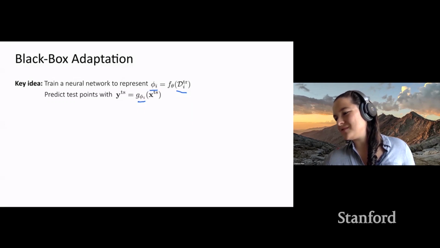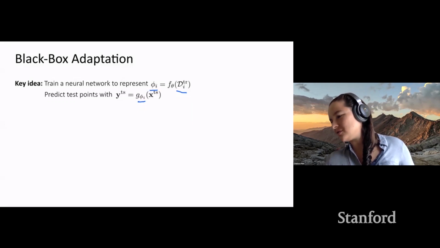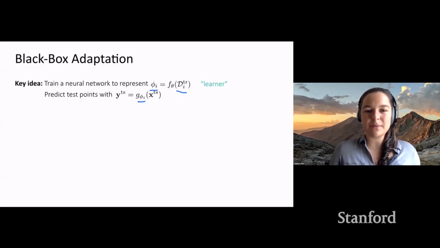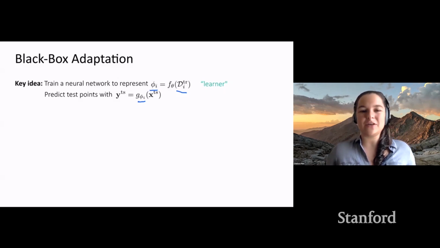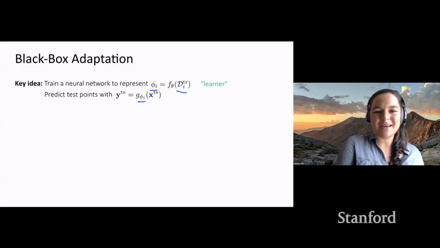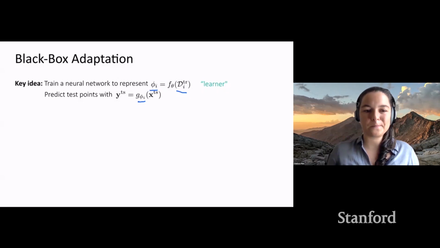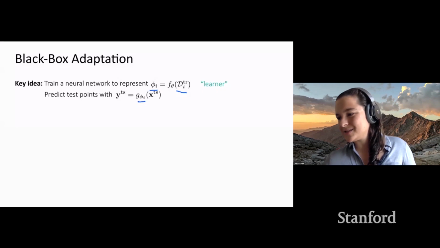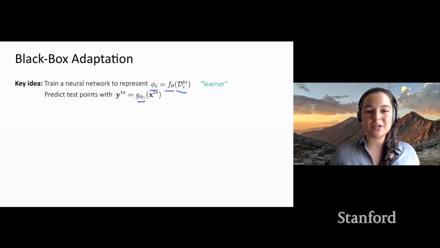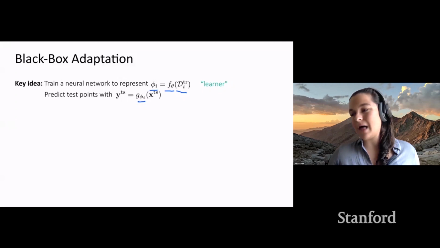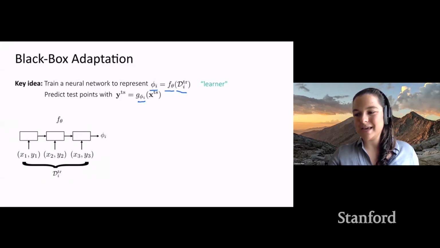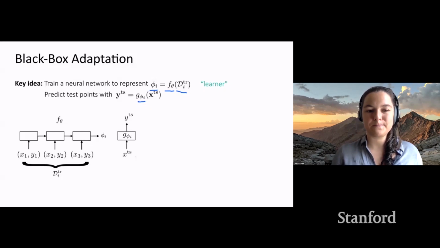Before I had called H a learner, we could also call this a learner, where it's taking a data set and outputting a new set of parameters, analogous to how things like SGD take a set of initial parameters and then produce a learned model. But in this case, F isn't going to represent SGD, it's going to represent just a black box neural network. So we're training a neural network to take as input data and output a set of parameters such that that set of parameters generalizes well to new data points.